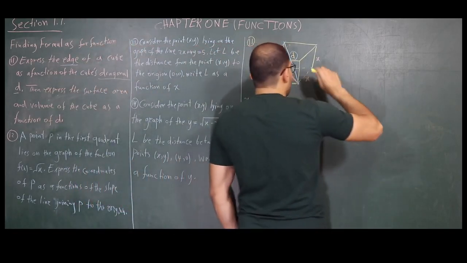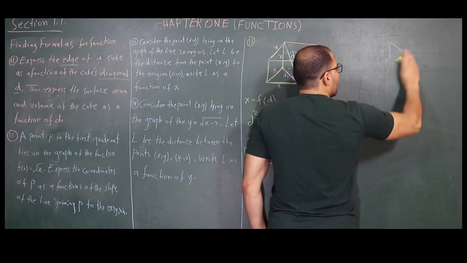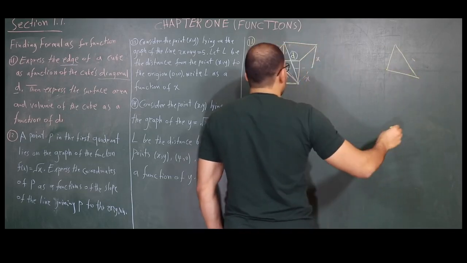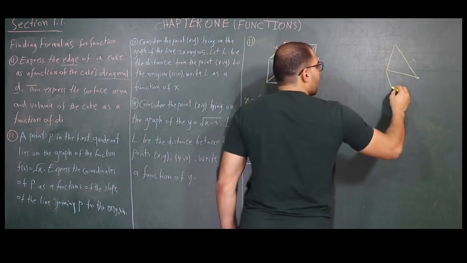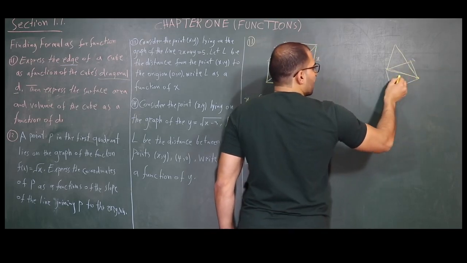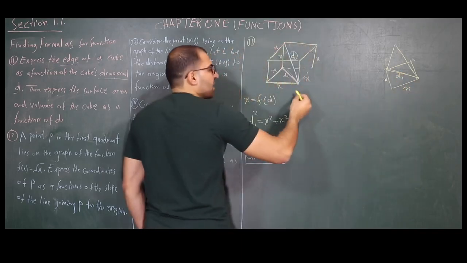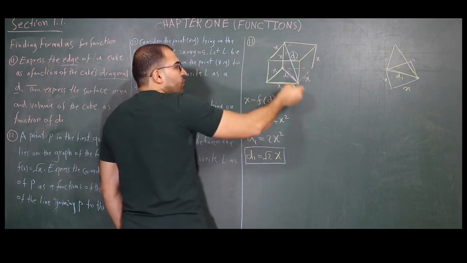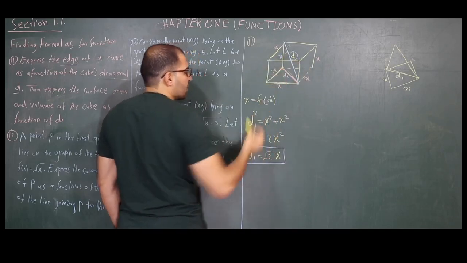So to summarize, my problem is that this line, the base, is already a diagonal of some square. First I found d1, which is the diagonal of the base, and then I'm going to use this d1 to find a relation that assigns d1 to d and to x.